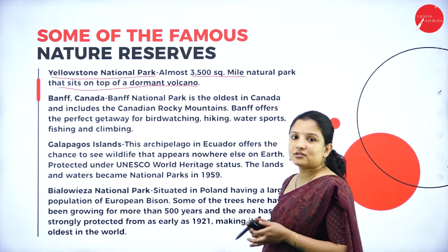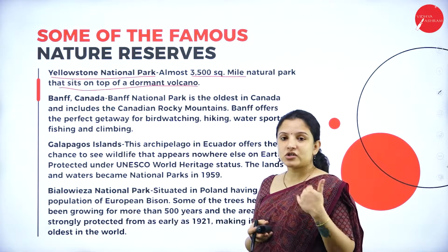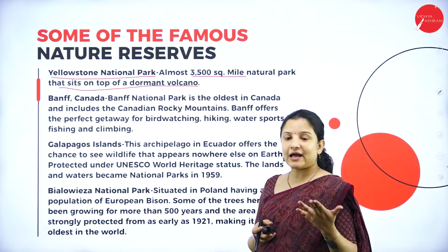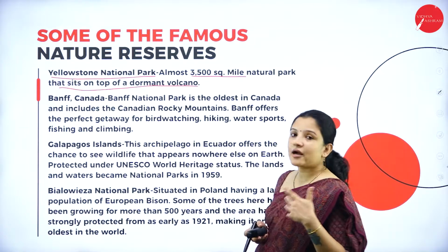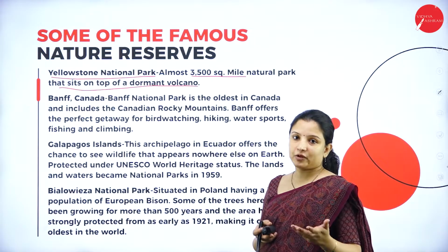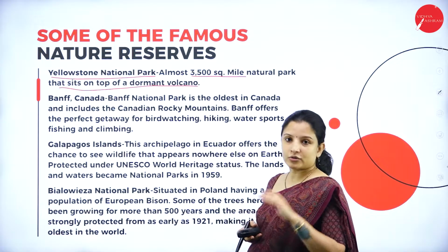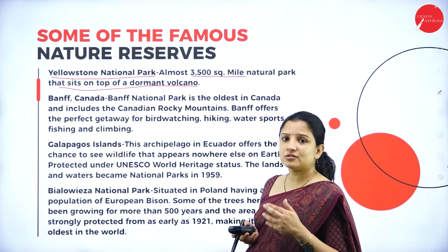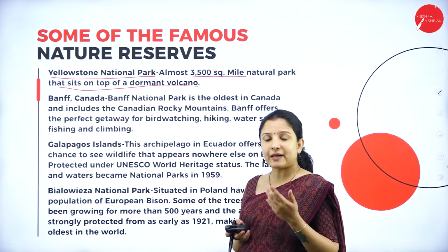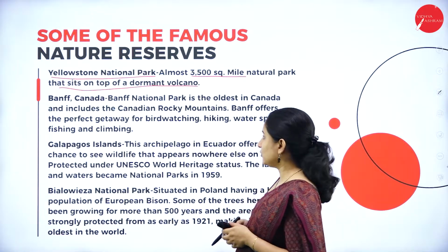Whenever there is a volcanic eruption, there is always space for the generation of new types of plants and new types of animals, because the entire biome gets altered because of the eruption. So Yellowstone is situated on a dormant volcano, and it houses a lot of different species, bacterial species and all that, which you don't find anywhere else in the world.